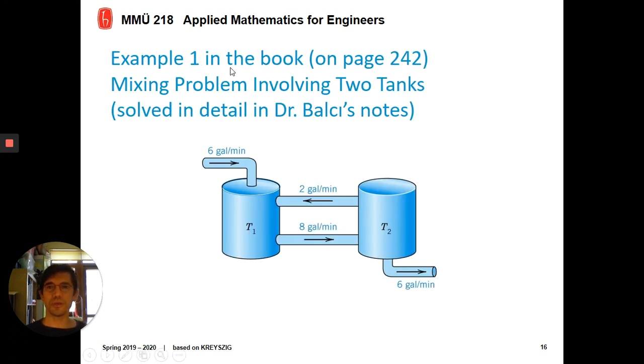Example 1 in the book, this is on page 242, the mixing problem involving two tanks. I have salty water in one of them and plain water in another one of them, and there's a little circulation between the two tanks over here, and I have a constant supply of another salty water coming from here, and a constant exit from there.